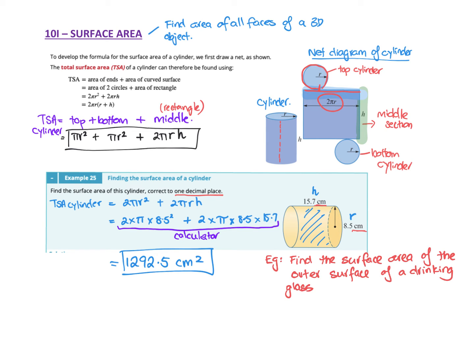So we've got this drinking glass here. Okay, so this would be our drinking glass. So they just want the outer surface of the glass.